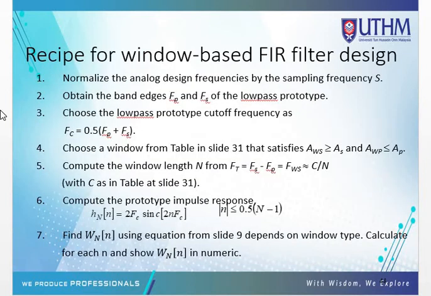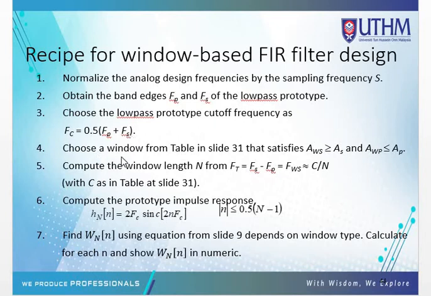Lastly, I would like to share the recipe for the window-based FIR filter design. First of all, normalize the analog design frequency by the sampling frequency Fs. Then obtain the band edges Fp and Fs of the low pass prototype. Number 3, choose the low pass prototype cutoff frequency as 0.5 times Fp plus Fs.